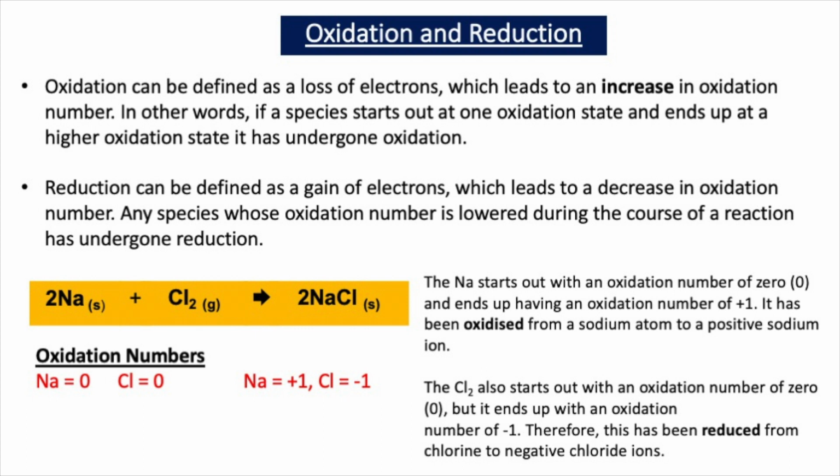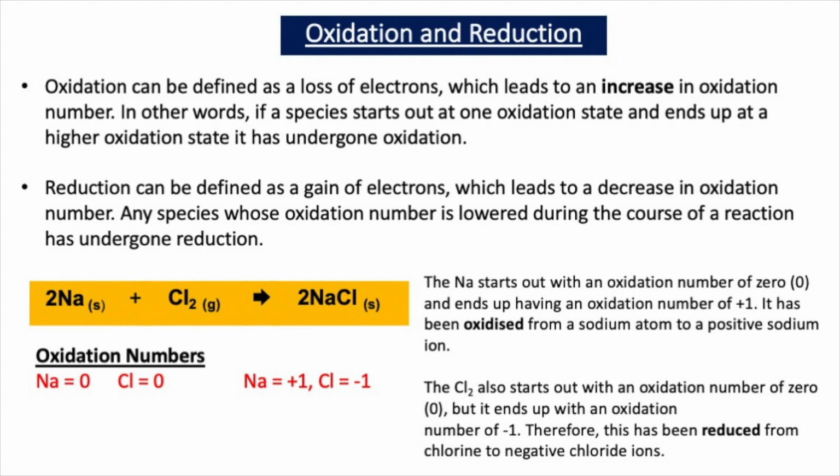Now, oxidation leads to an increase in the oxidation number. So in other words, if a species starts out at one oxidation state and ends up at a higher oxidation state, it is said to have undergone oxidation.